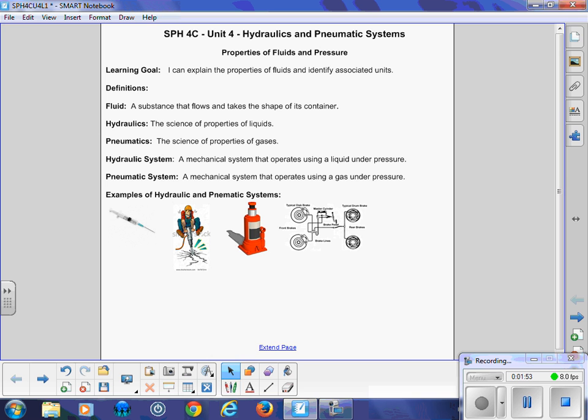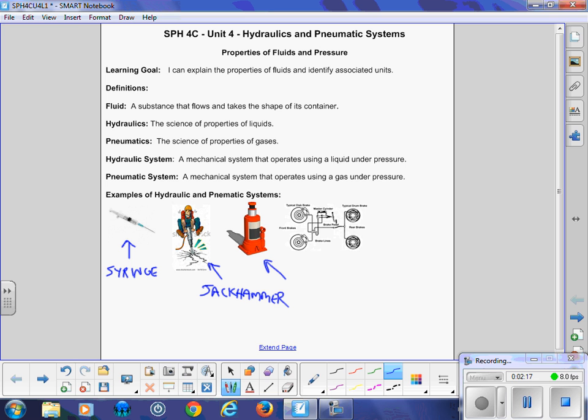We have a syringe or a needle. A syringe is a perfect example of a hydraulic system. The jackhammer is another hydraulic system, used for construction purposes. These are common ones that you'd be able to identify with.